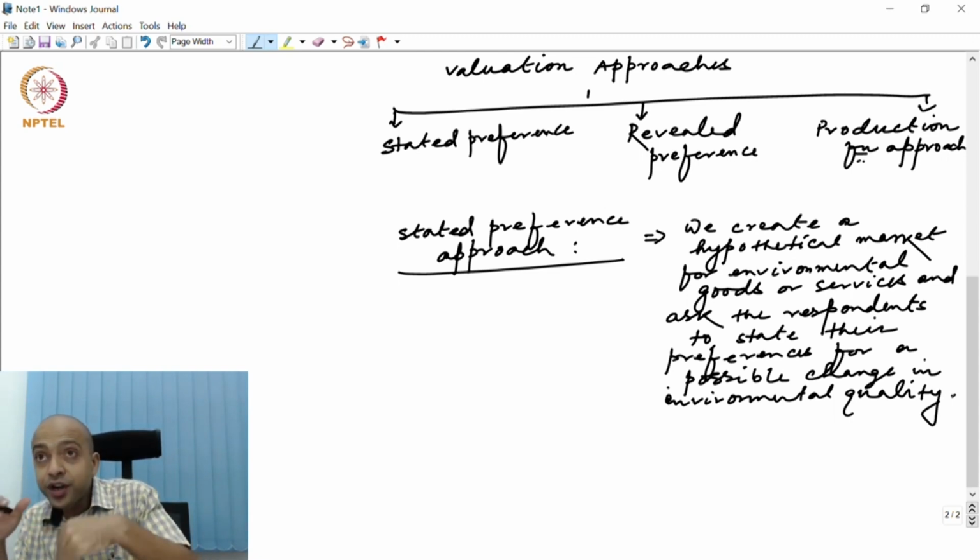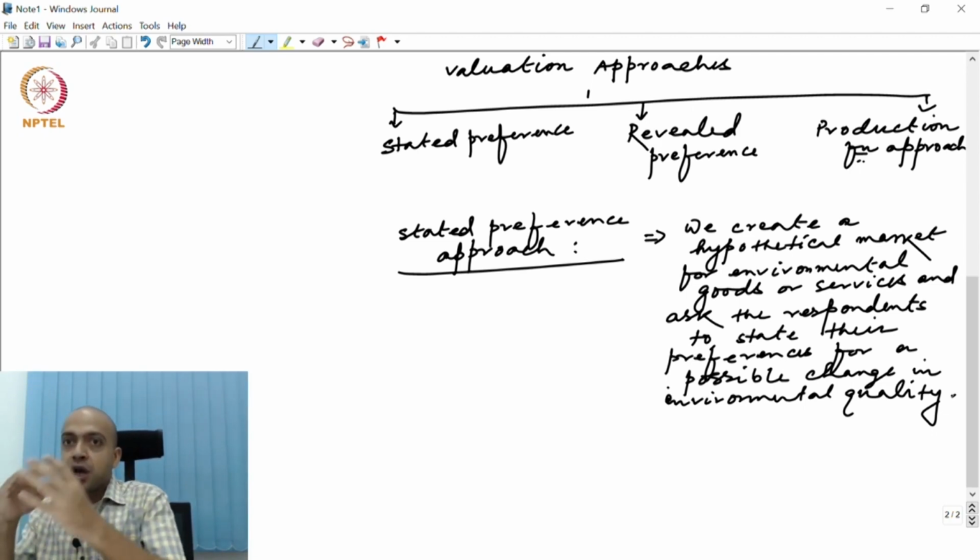So that means respondents are asked to state their preference. How will they state their preference? When there is a positive change in environmental quality, we will ask whether they will contribute something for that positive change. When there is a negative change in the environmental quality, then we'll ask the respondents whether they are willing to accept some compensation for deterioration in the environmental quality.